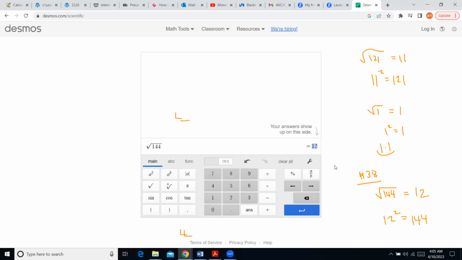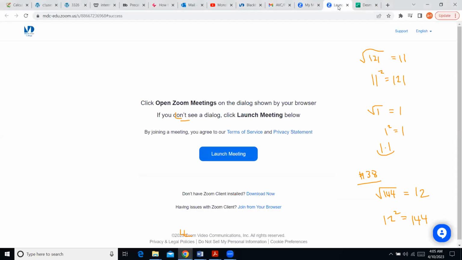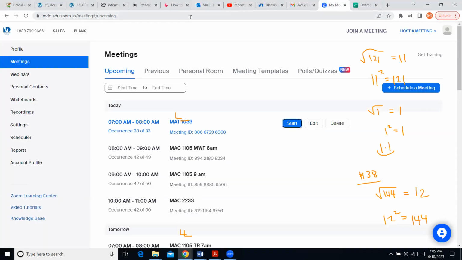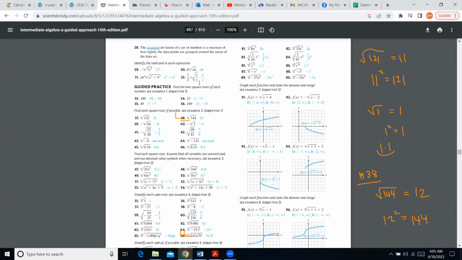So you can always extract the square root from a number using that nice little calculator. That's a nice thing to know: you have a completely free device available online. If you don't have a calculator, you just type scientific calculator and get one right away.